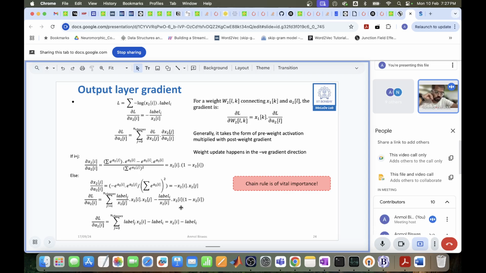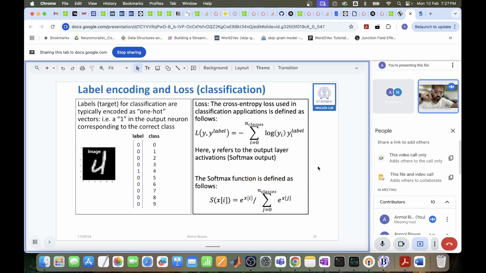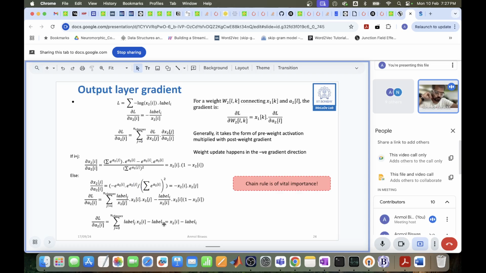All you need to do is just apply this softmax activation function, and once you have applied it, taking the gradient is as easy as just taking the difference between the softmax outputs and your one hot encoded labels, right? Or it doesn't even have to be one hot encoded labels.